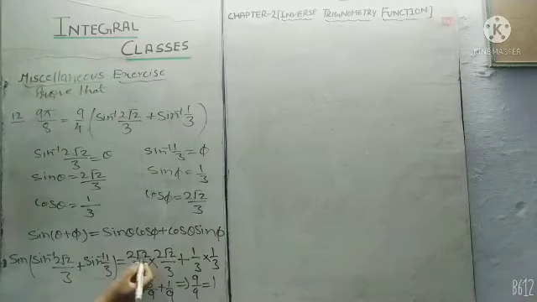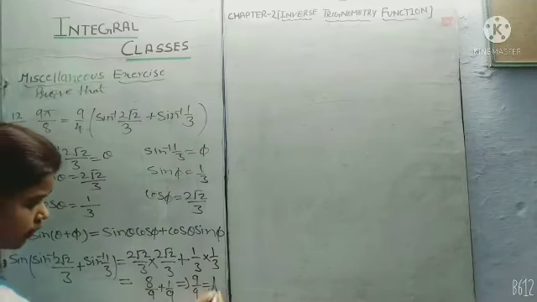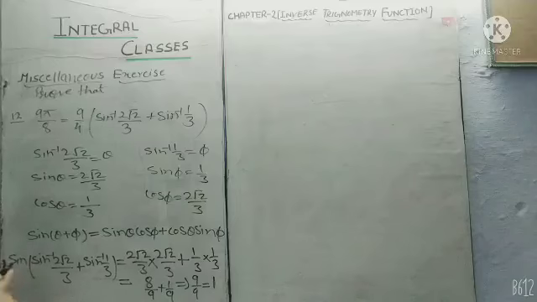Then we will get 2 root 2 by 3 into 2 root 2 by 3 plus 1 by 3 into 1 by 3. We will solve them, then we will get 1, if sin inverse goes to the other side. So 9 by 4 is also here.